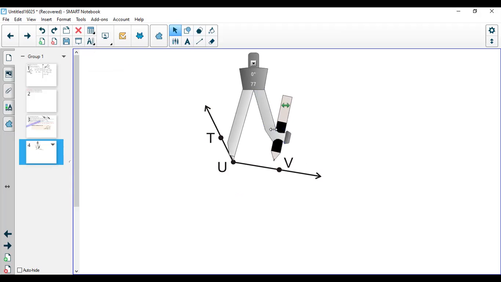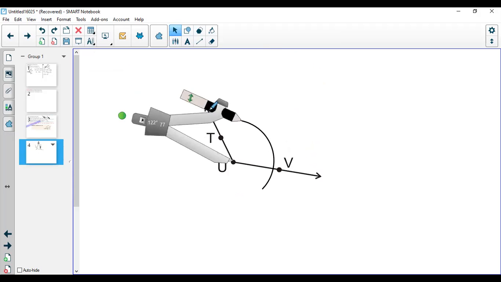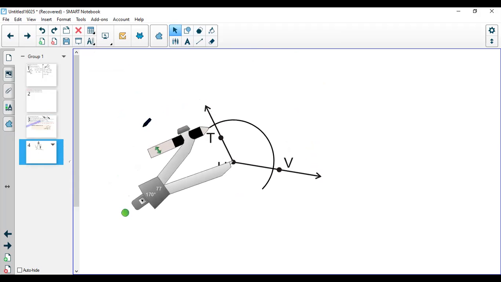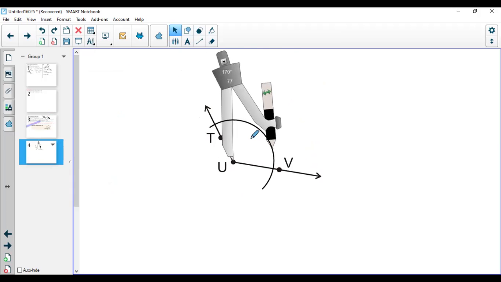You can open it up a bit, and what you're going to do is draw an arc through both the hands of the angle. This is the hand and this is the hand. I have drawn an arc through both the hands.